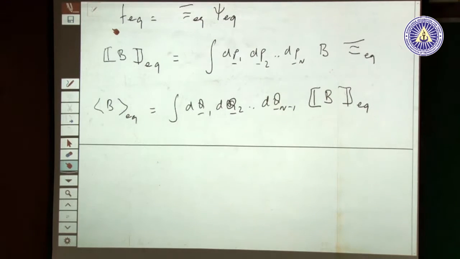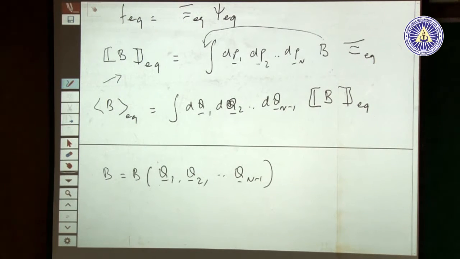And in the case where B is only a function of Q, then it comes out of this integral because it does not depend on momenta, and the remaining integral is just normalized because it is an integral over psi equilibrium, and you just get B, which is a function of Q, right.